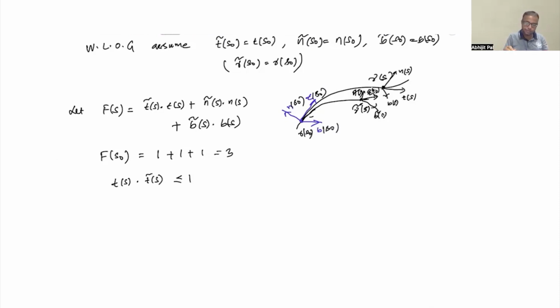Therefore we have this inequality, and equality occurs if and only if T of s is equal to T tilde of s.